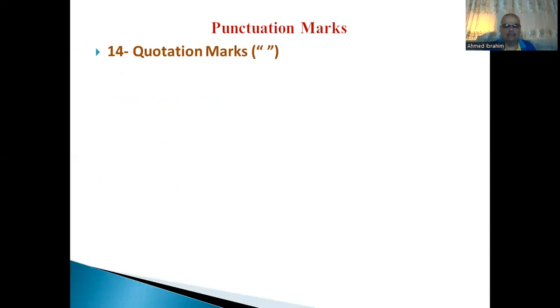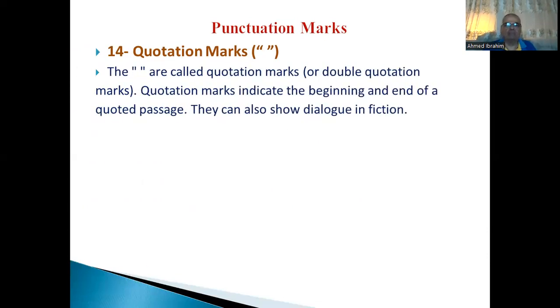Number 14, quotation marks. The symbols are called quotation marks or double quotation marks. Quotation marks indicate the beginning and end of a quoted passage. They can also show dialogue in fiction. Examples.